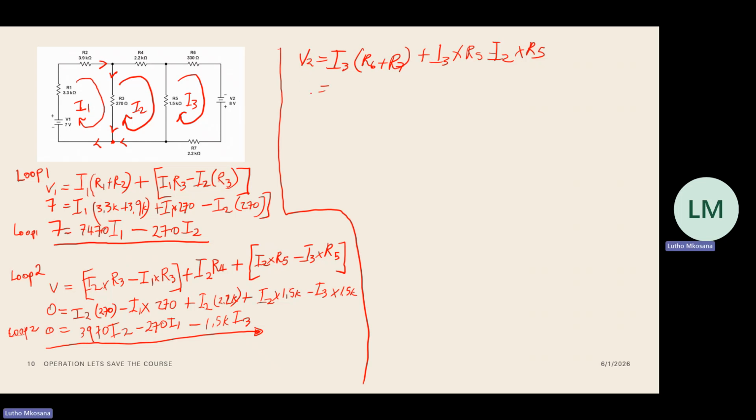We are going to put in our values. We have 8 over here.